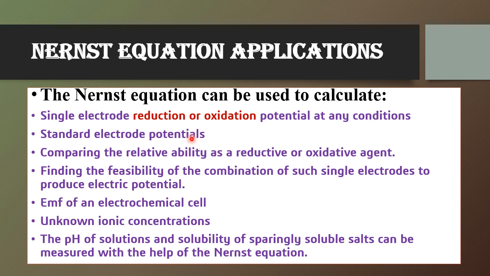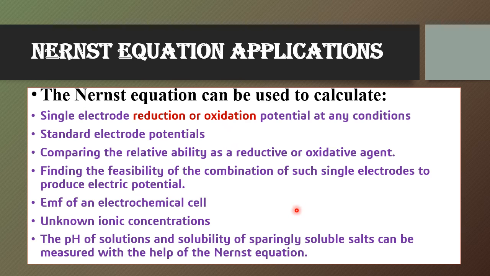Let's check what we use the Nernst equation for. The Nernst equation is very important in electroanalytical methods. There are different applications. With the help of the Nernst equation we can calculate the reduction or oxidation potential under any condition. Clear? We can also calculate the standard electrode potential. We can also compare the relative ability of different chemical species to undergo oxidation or reduction.